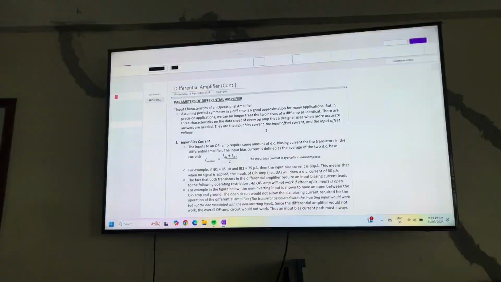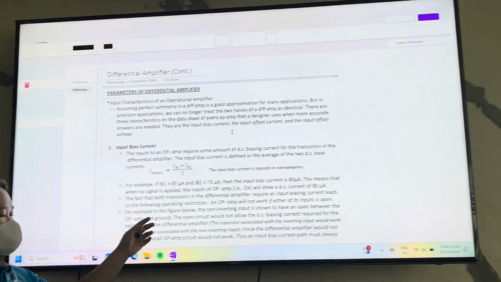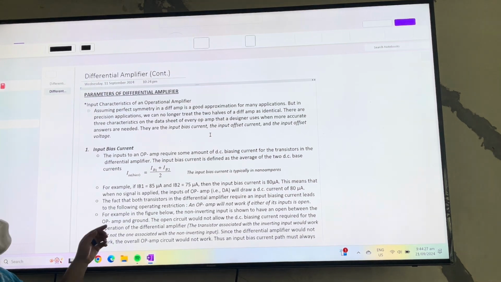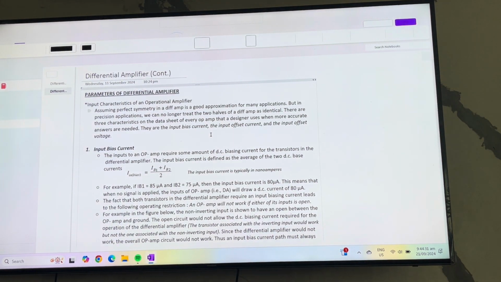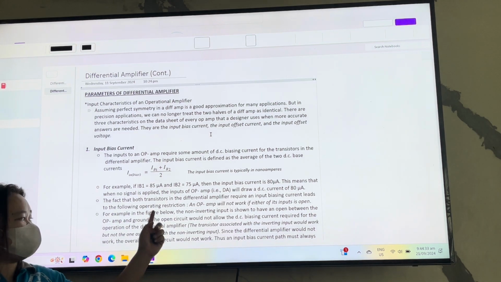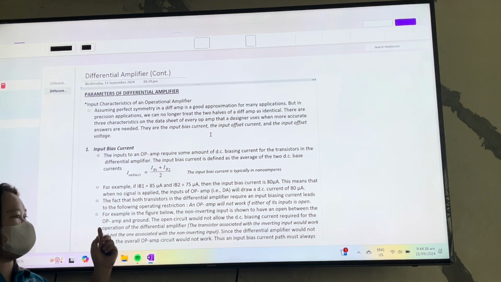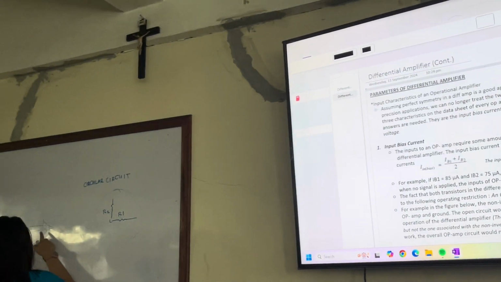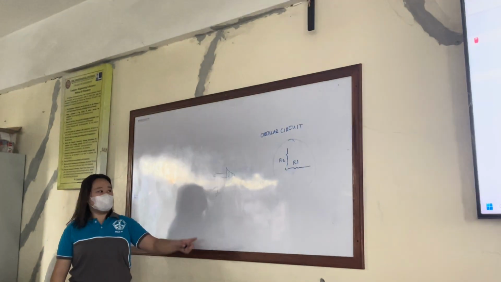If one input is open and the other is grounded, the amplifier will not work. For example, in the figure, the non-inverting input is shown to have an open between the op-amp and the ground. This is our non-inverting input, the positive one. The negative is the inverting input.